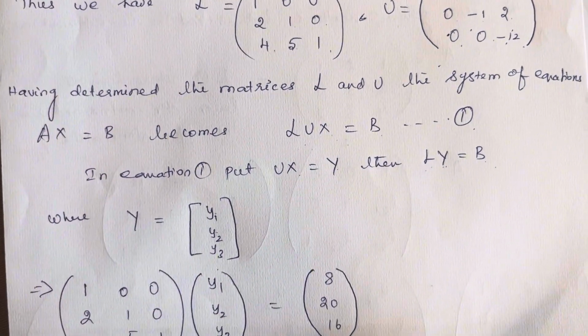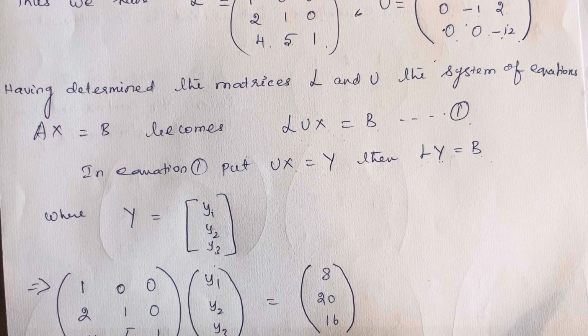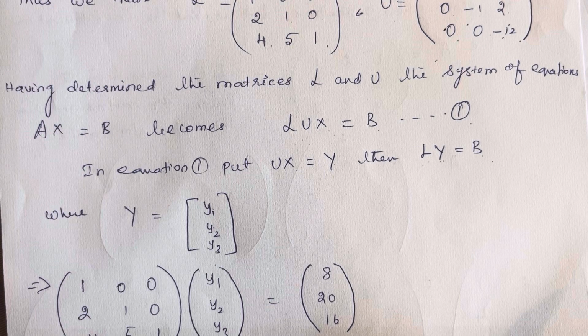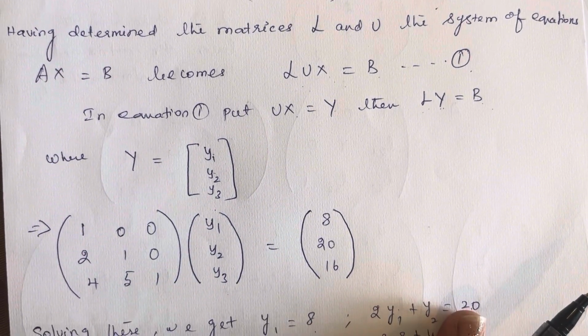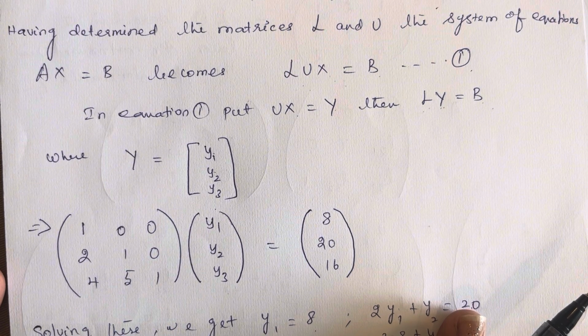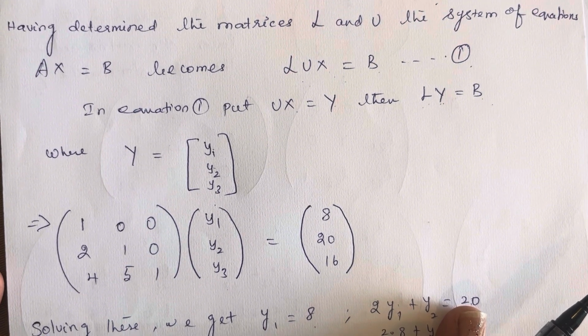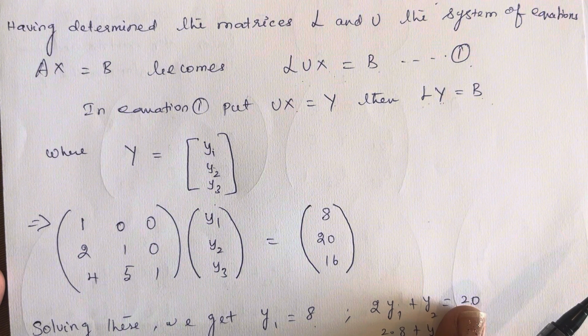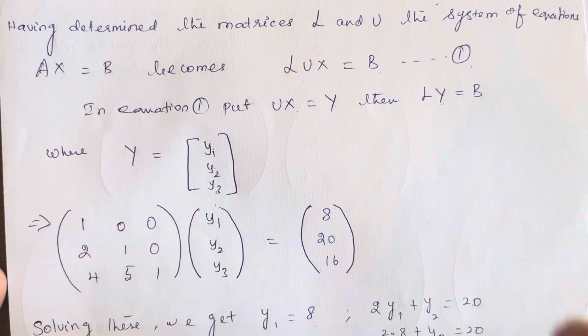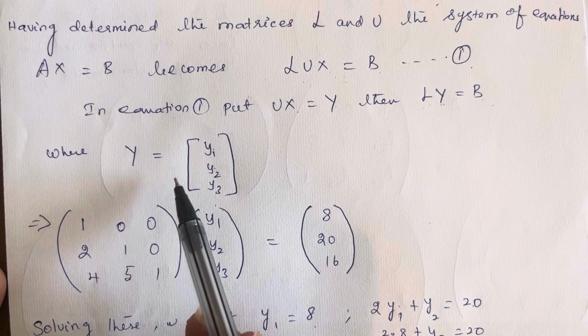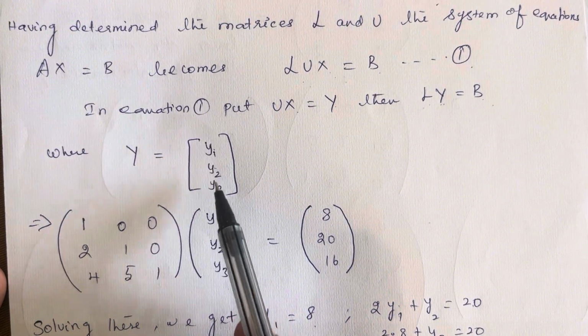So having determined the matrices L and U, the system of equations Ax is equal to B now becomes LUx is equal to B. Let us take that as equation number 1. In equation number 1, let us put Ux is equal to Y. Then we will be getting Ly is equal to B, where Y is the column matrix Y1, Y2, Y3.